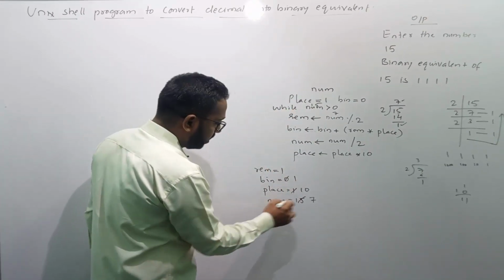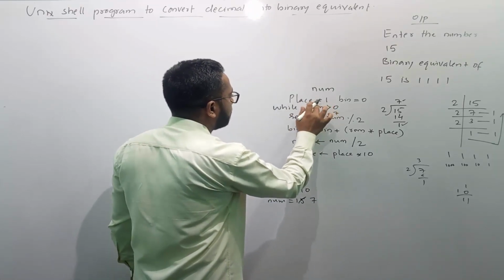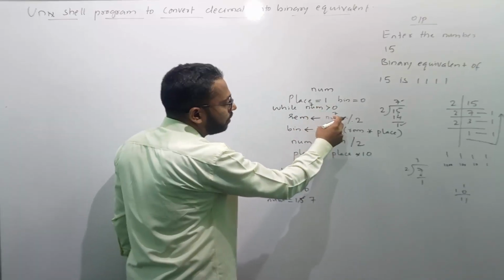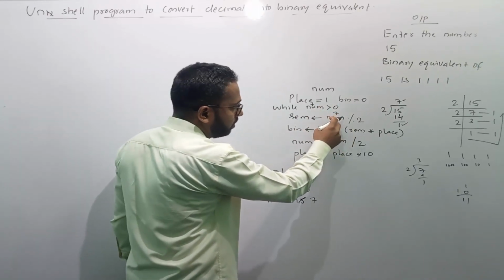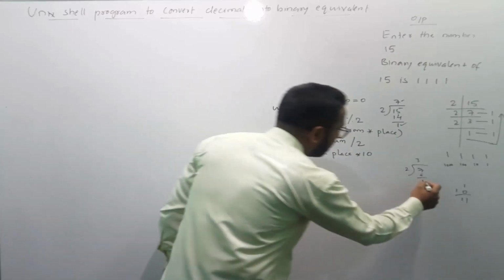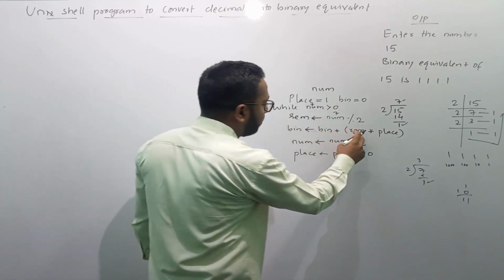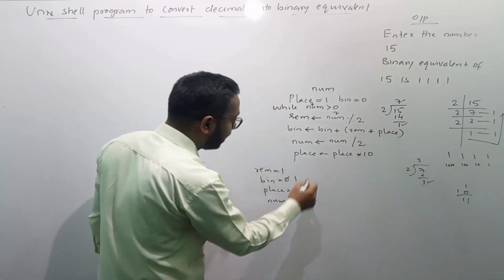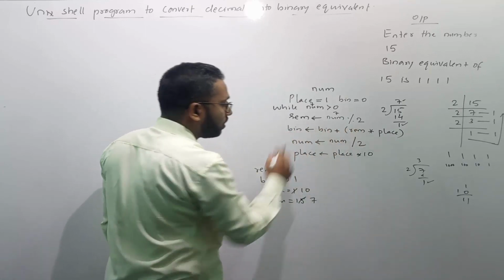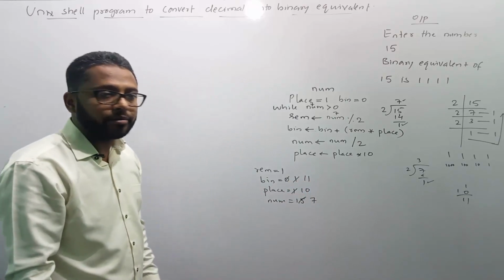Now num is 7, and 7 is greater than 0. When we perform the modulus operation on num, whose value is 7, we get 1 as the remainder, so 1 gets stored inside the remainder. Next, remainder 1 into place 10 is 10, plus binary, which was 1, so 10 plus 1 we get 11, so binary becomes 11.